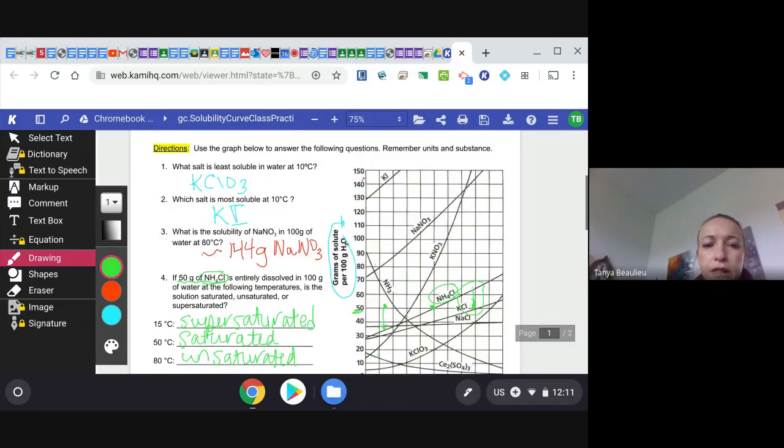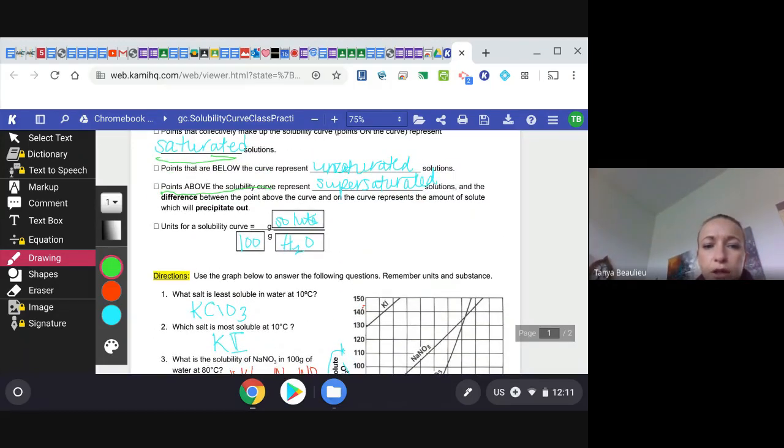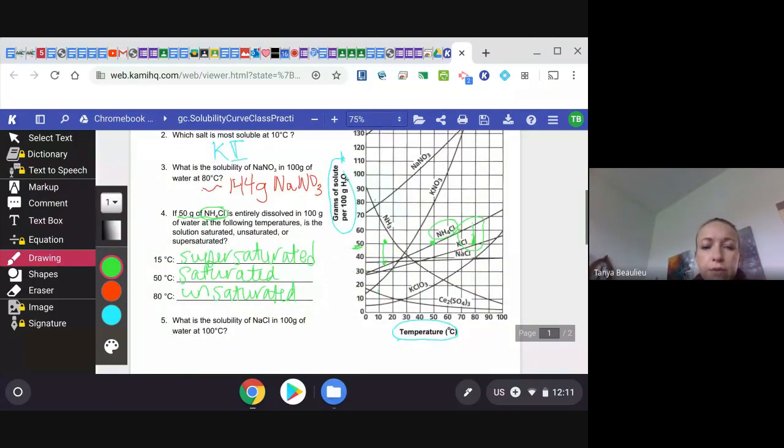Up here, it said points that are below the curve represent unsaturated solutions. So whenever you're asked a problem like what kind of solution do you have, saturated, unsaturated, or supersaturated, always put those data points on the graph, and then you'll be able to answer that question. On the line, below the line, or above the line.